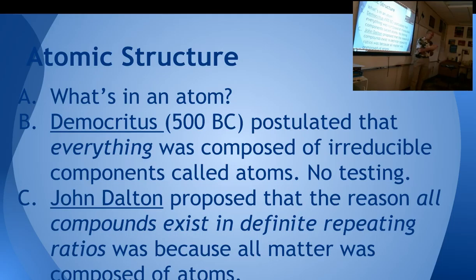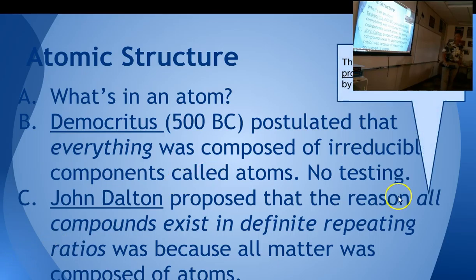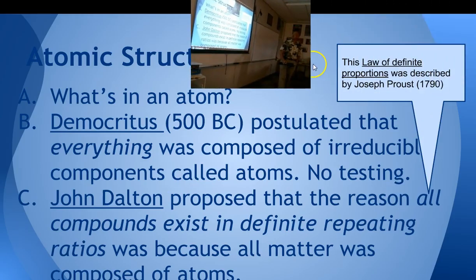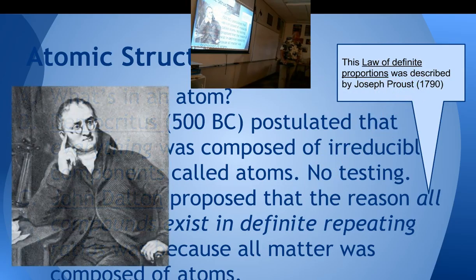Chemistry always comes in pieces of things. And he reasoned, again, showing some chemical experimentation to support it, that there's chunks of stuff that everything is made up of, right? And he, again, used that word atoms. So the law of definite proportions is what Dalton was basing his ideas on. It was described by Joseph Proust in 1790, and Dalton was trying to explain that concept.